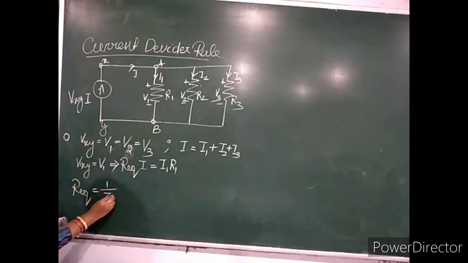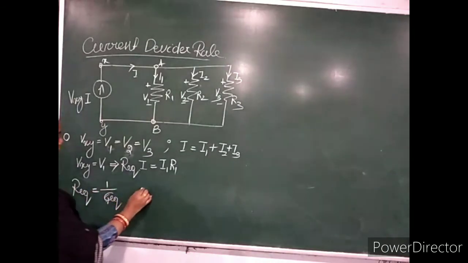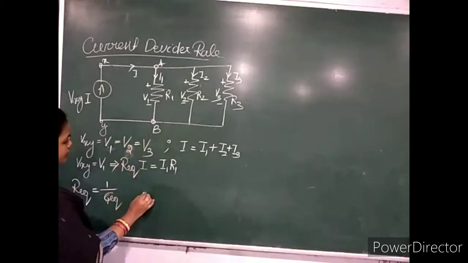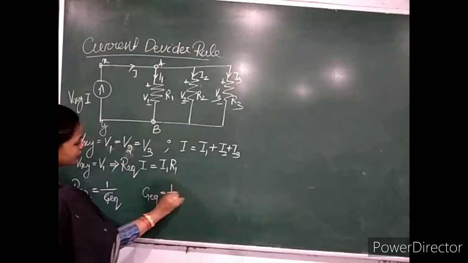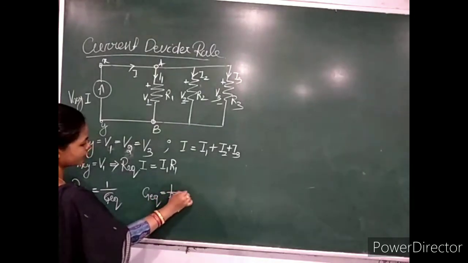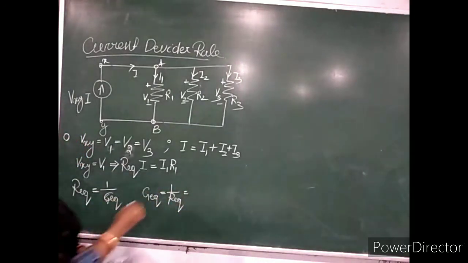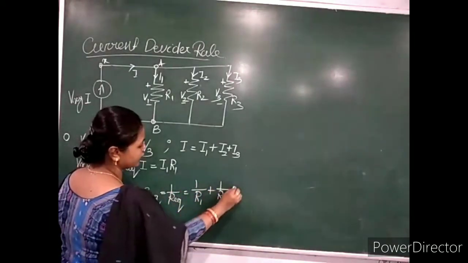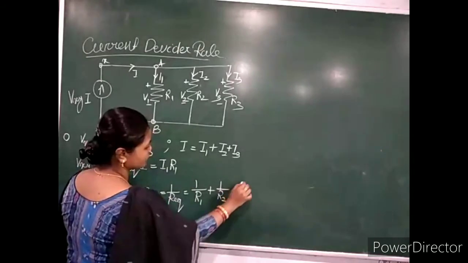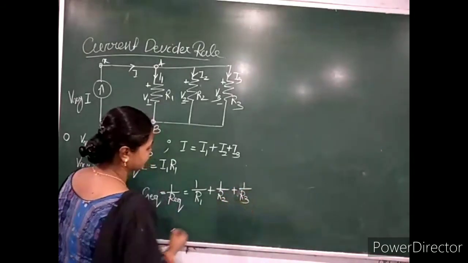That is the reciprocal of the conductance, that is G. So what is the total conductance of this circuit? Total conductance of the circuit, or reciprocal of the total resistance, is 1 by R1 plus 1 by R2 plus 1 by R3.